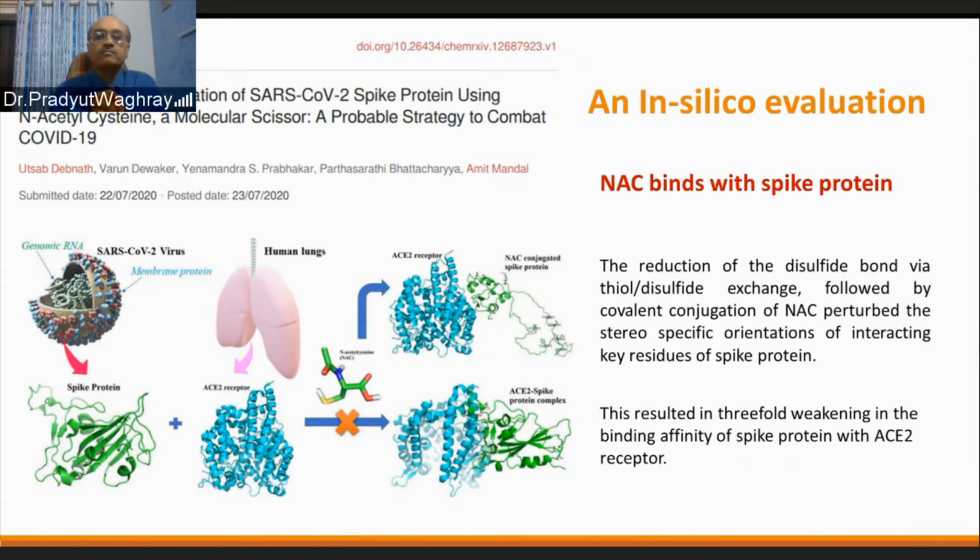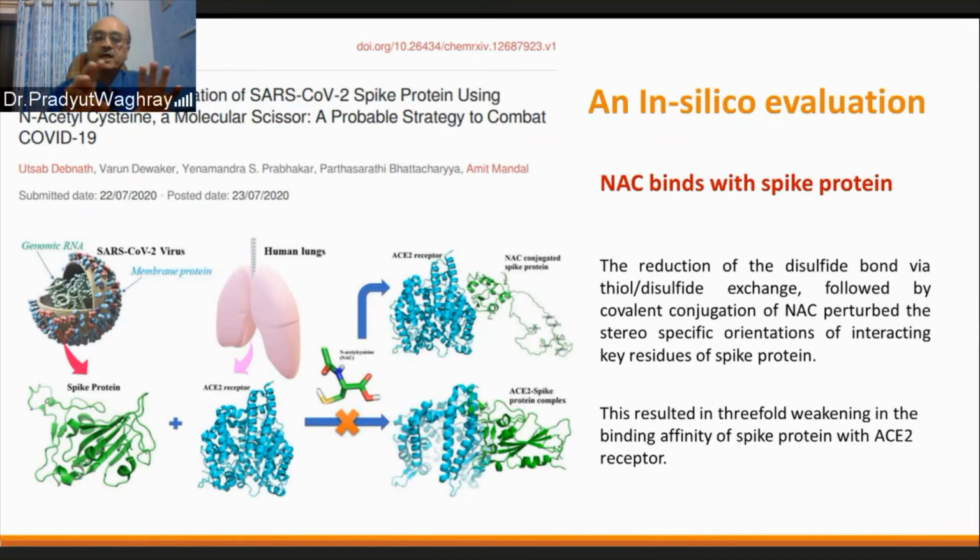So what does NAC do? N-acetylcysteine has been found to bind with the spike protein of the virus, and if you see the initial slides, what I told you, this NAC has a very potent activity of reducing the disulfide bond.